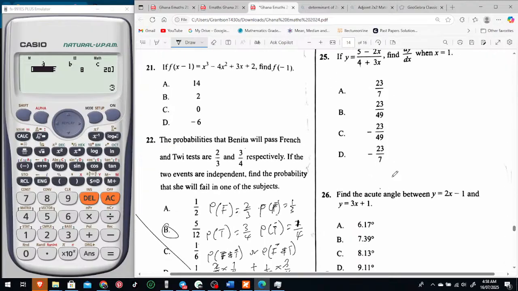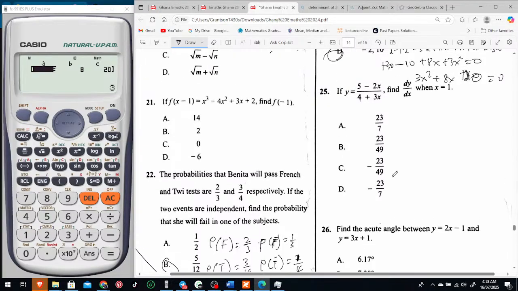Let's do the next one. It's differentiation with fractions, or partial fractions. v du minus u dv, over v squared, right? So let's take this one as u and this one as v.